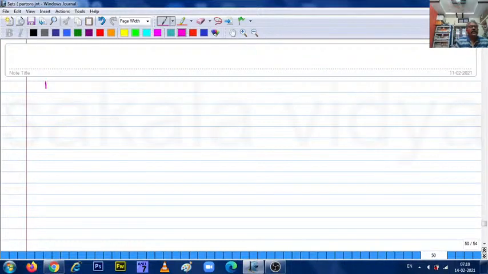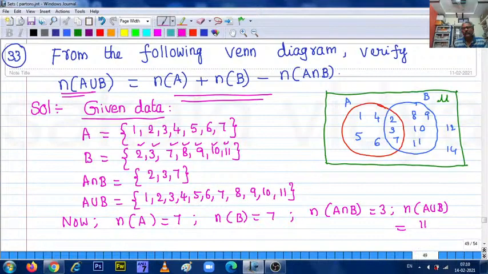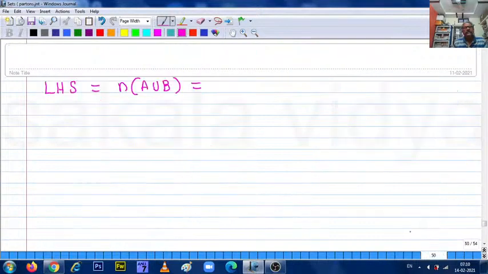So now left hand side, N of A union B. N of A union B equals, so how many elements are there? 11. So this is 11, say equation 1. Now right hand side.